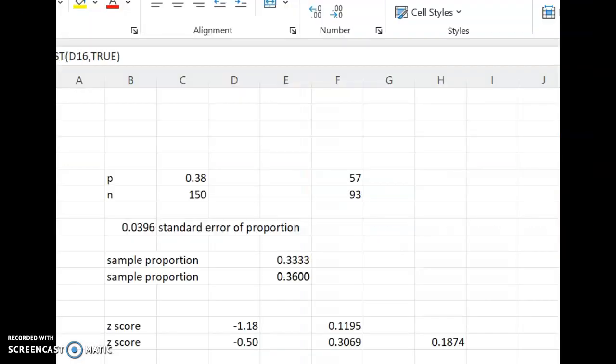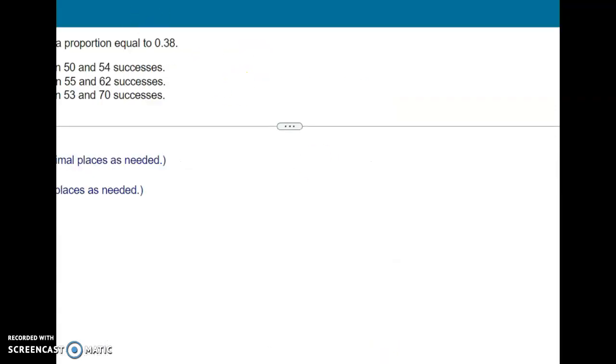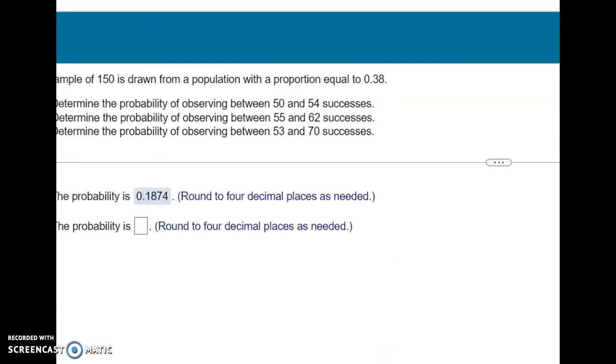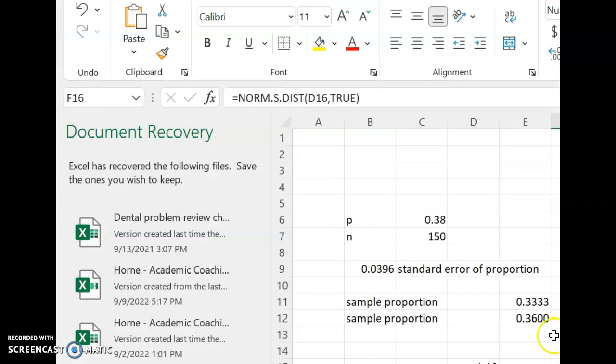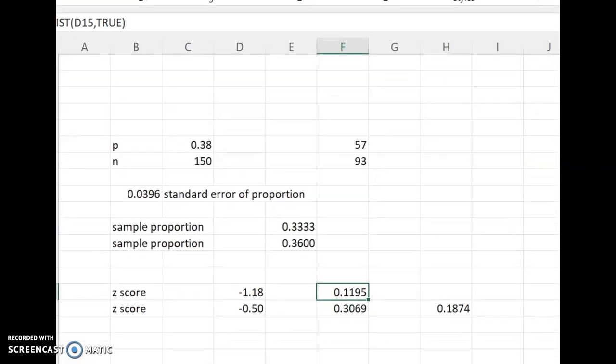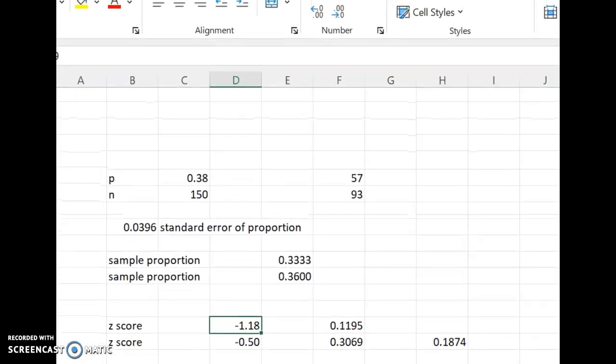So I decided that it's because the view an example rounds the z-score to 2 decimal places, but the directions say round to 4 decimal places as needed. So anytime you're doing a calculation, you want to round to 4. So when you get your z-score here, you want it to be 4 decimal places.